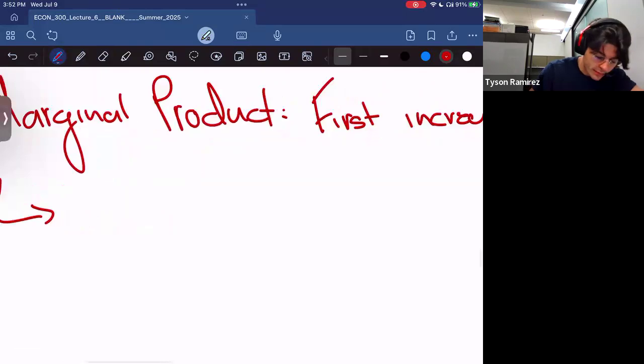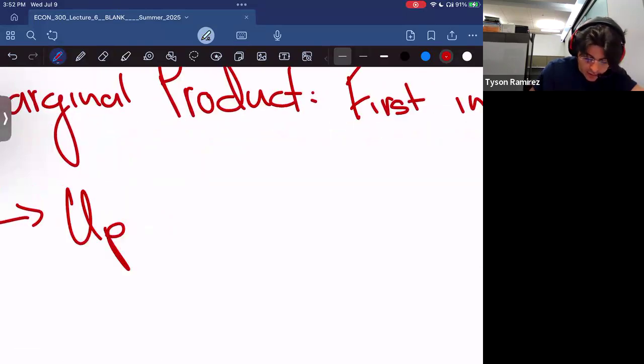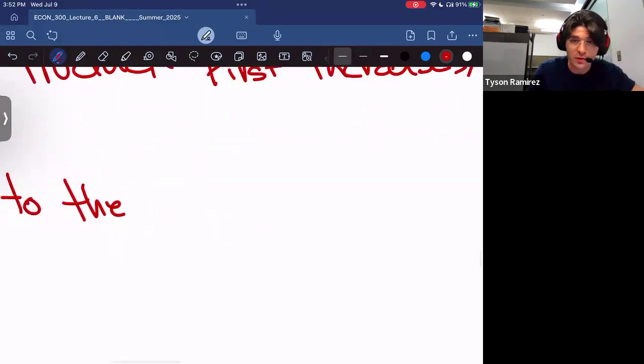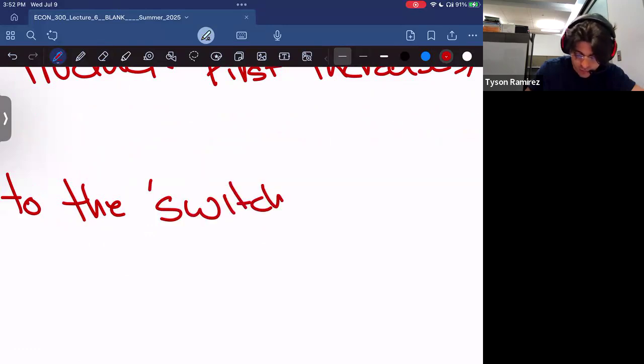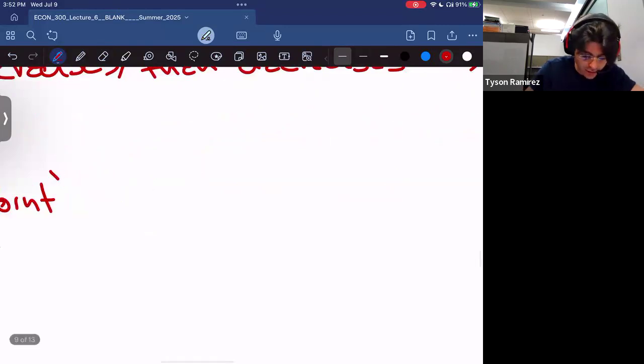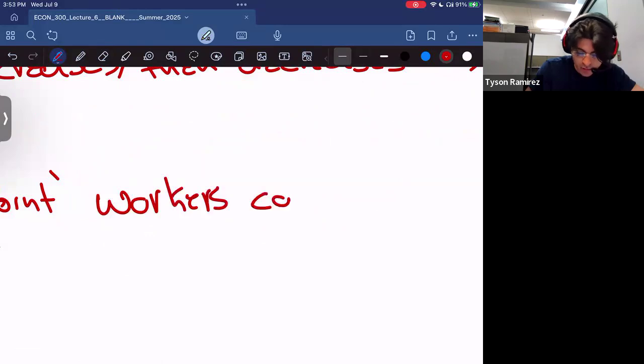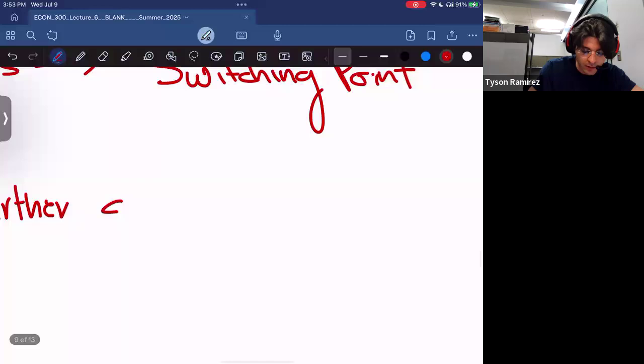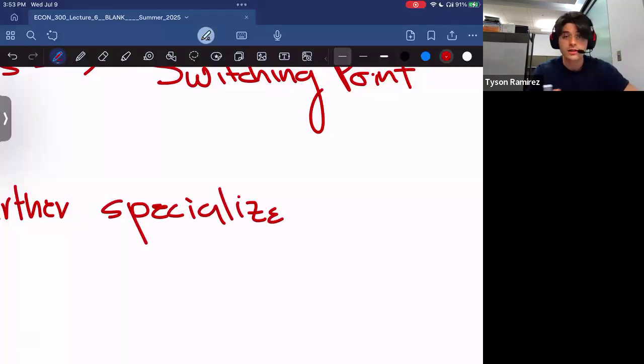is that up to the switch point or inflection point, if you prefer, workers can further specialize, meaning that when we're early stage of business, then we have a small team.